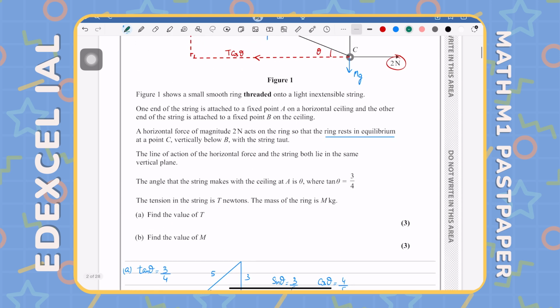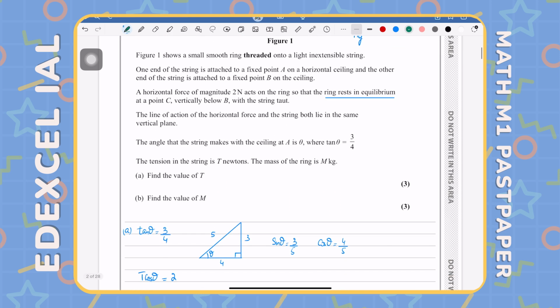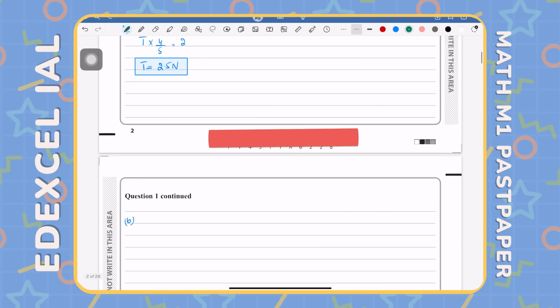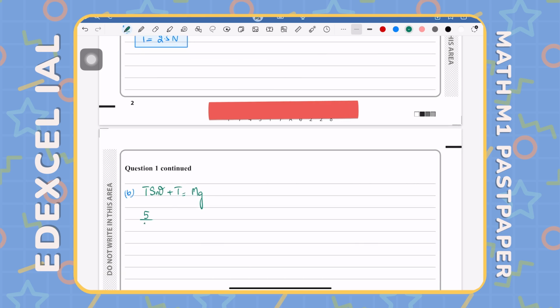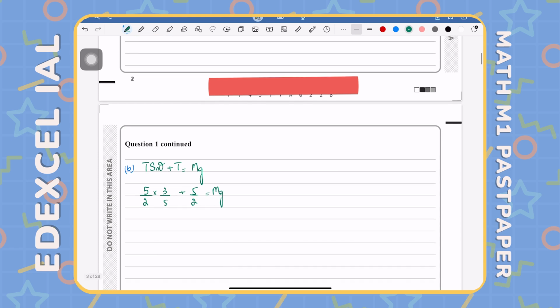Whatever it is, the sum of all the forces acting upwards will be equal to the sum of all the forces acting downwards. So T sine theta plus T is equal to mg. T we just worked out to be 5 upon 2. Sine theta we worked out to be 3 upon 5, plus T once again, so that's 5 upon 2, is equal to mg.